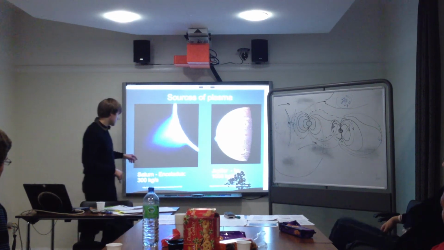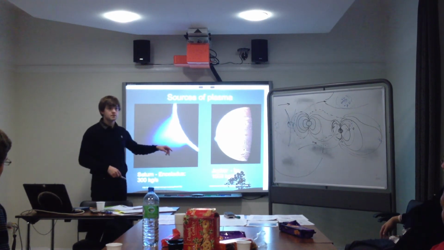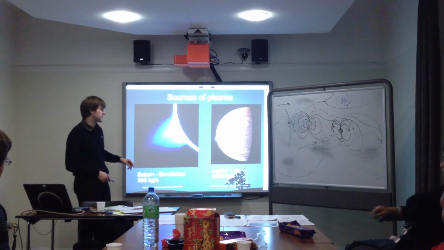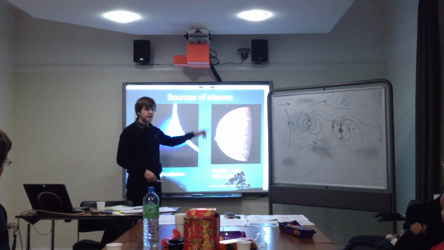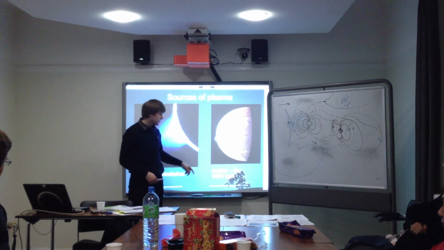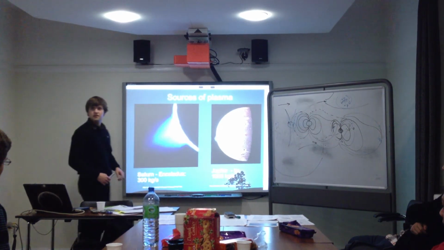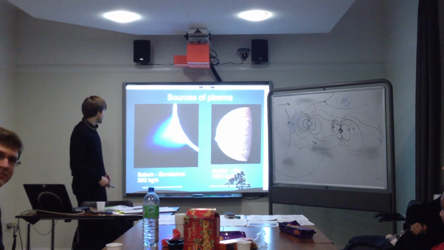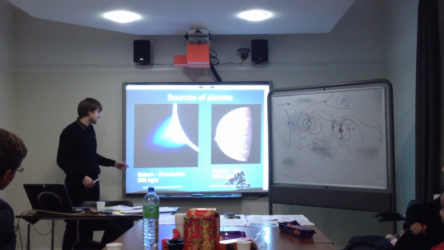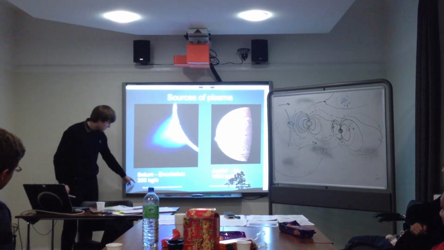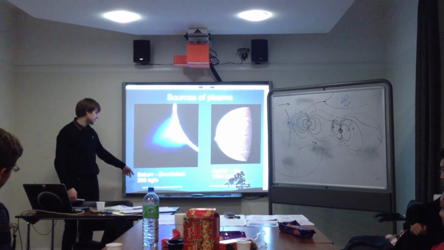Whereas in the Saturn or Jupiter system, you do have those sources of plasma. In Jupiter, it's Io, the most volcanically active body in the solar system, with about 1,000 kilograms per second. And in case of Saturn, the main source of plasma is Enceladus, which only gives you about 300 kilograms per second of plasma.